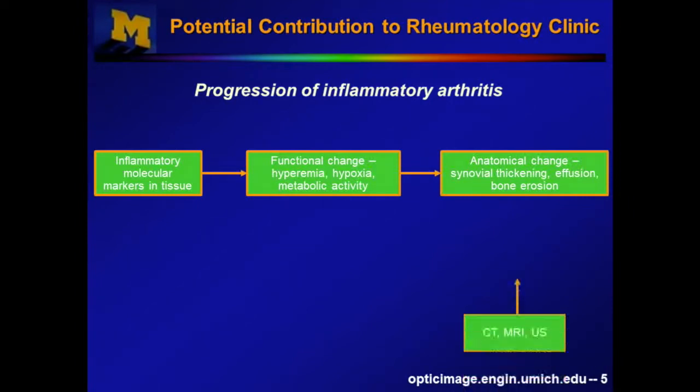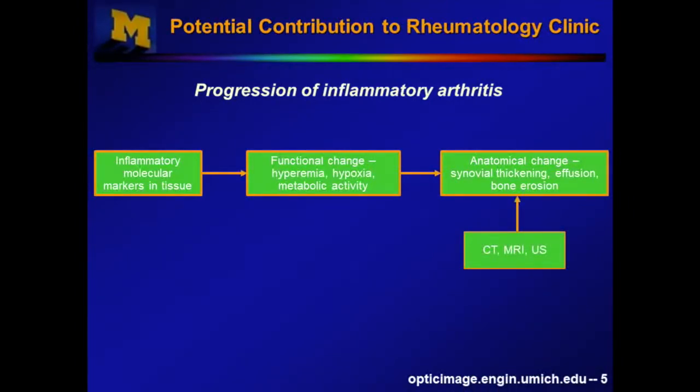The current imaging modalities, for example CT, MRI, and ultrasound, all focus on the anatomical changes in the joints. We understand that when these anatomical changes happen, it's relatively late. These changes are mostly irreversible, so the treatment effects could be much worse.